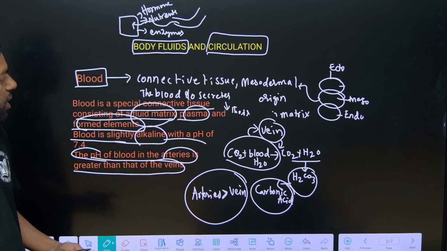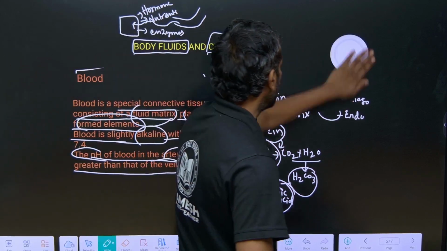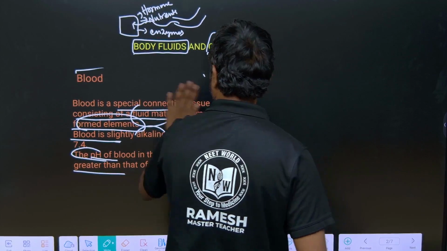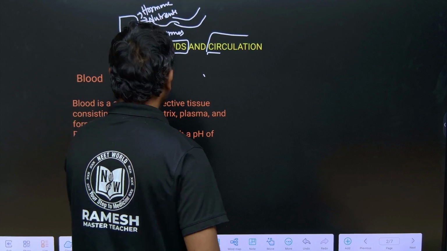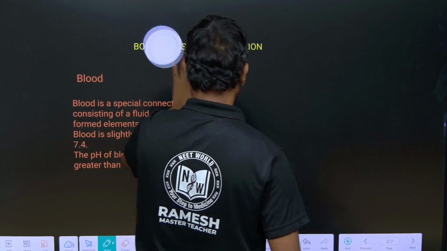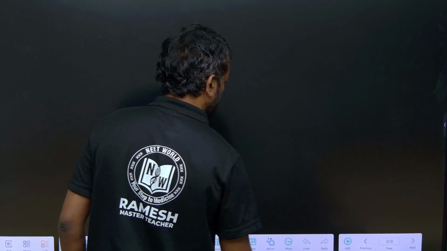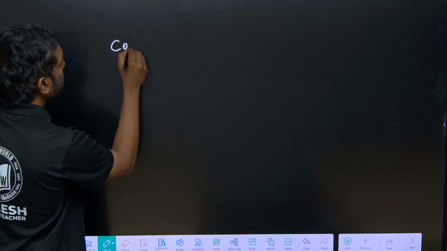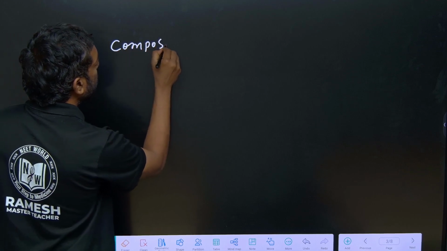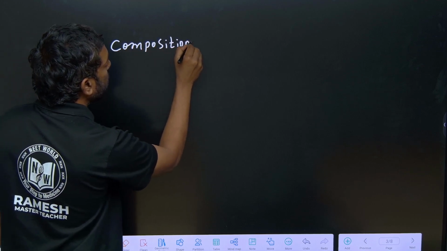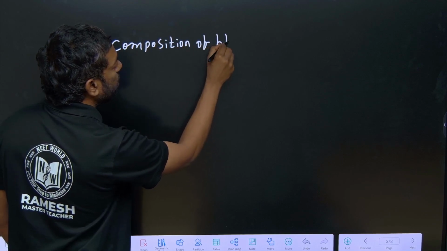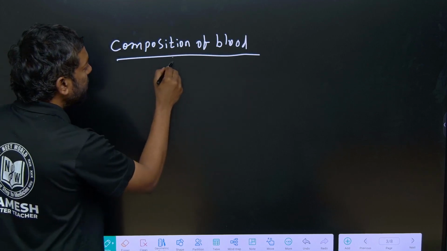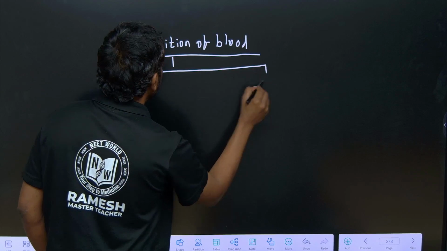Okay, this is about blood. Now, the composition of the blood. Blood has blood cells and plasma.